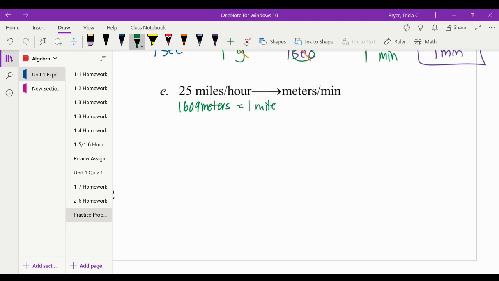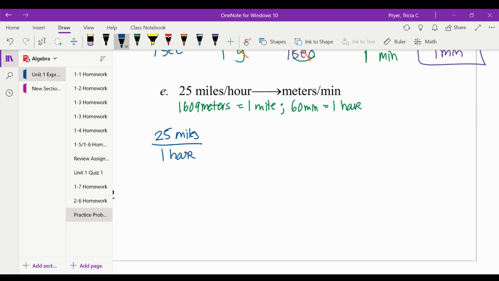And then I need to convert hours to minutes. So second conversion factor, well, I know there are 60 minutes in 1 hour. So that's going to be my second conversion factor. All right, so let me write out the original amount, 25 miles per 1 hour.